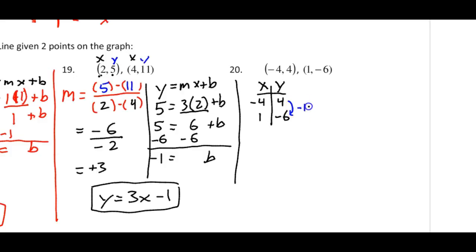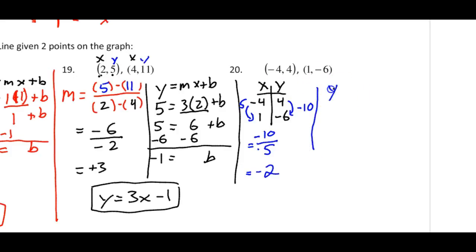Right, I have to go down 10, because 4 minus 10 is negative 6. And negative 4 plus what will give us positive 1, and you'll get 5. Negative 4 plus 5 is 1. So my answer is y over x, negative 10 over positive 5, and negative 10 divided by 5 is negative 2. That's using the table method.